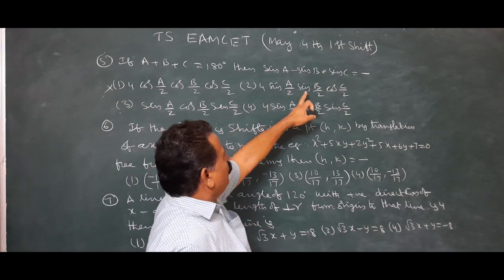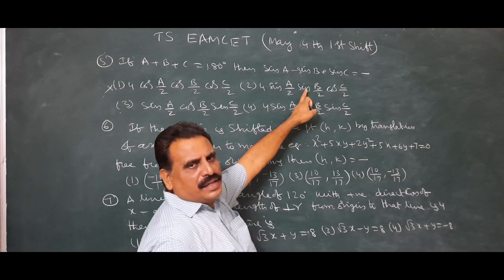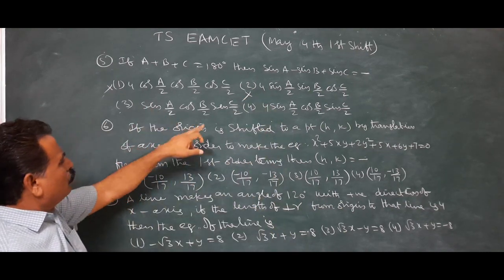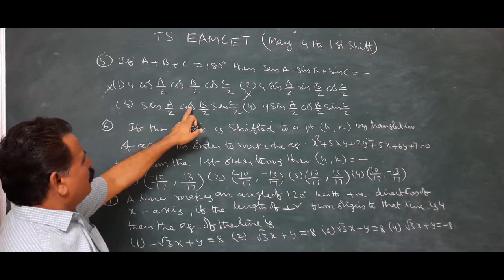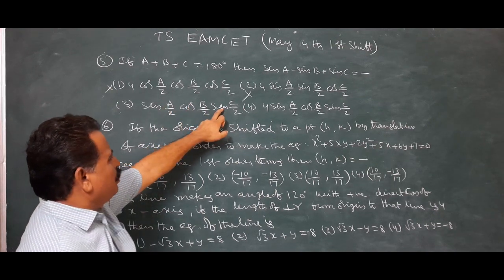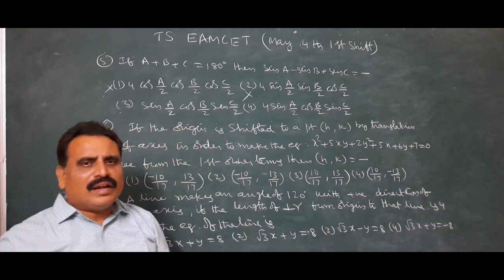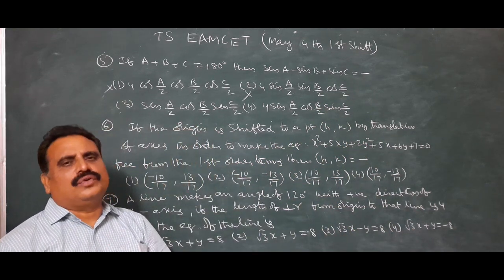Next, B ratio is not different here. This is wrong. In third and fourth, B ratio is different. Cos A and C same ratio, B ratio different. So our answer is either 3 or 4.